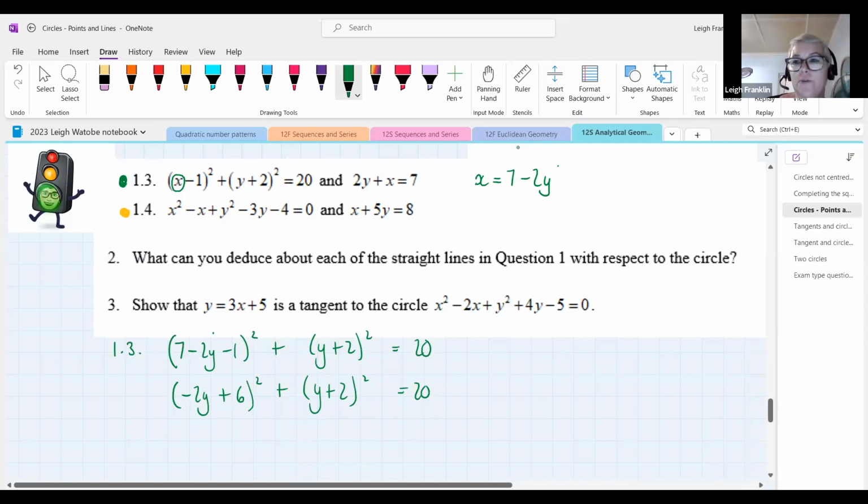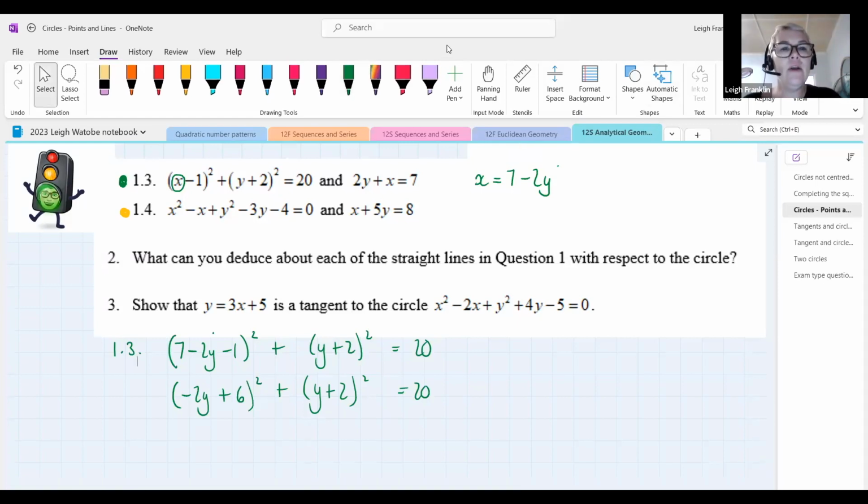What I'm waiting for from you guys is, if you've chosen to do 1.3, that you've got some answers, or if you chose to do 1.4, that you've got some answers. Ma'am, I'm still working on 1.3. That's fine. You keep working, and when you're done, you can put done in the chat. Kamachelo, I see you put done in the chat. Which one did you do, Kamachelo?